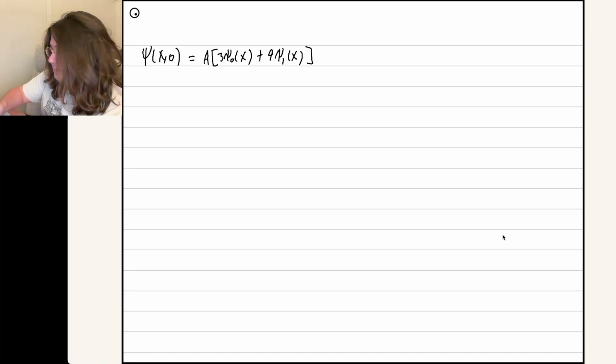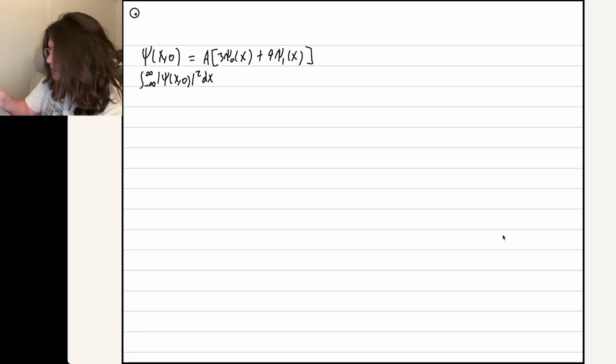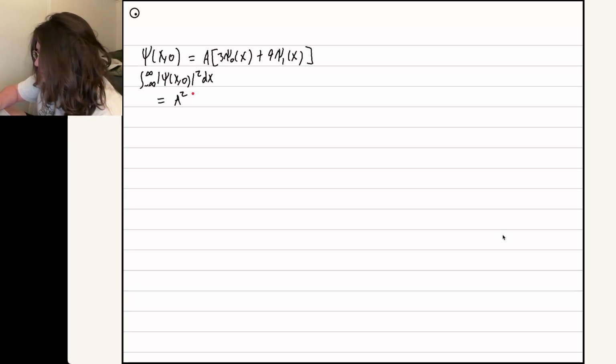To normalize this, we just need to take the square modulus of it, which is a little bit more involved than usual because this is a mixed state. So we'll have an overall factor of a squared on the outside of the integral.